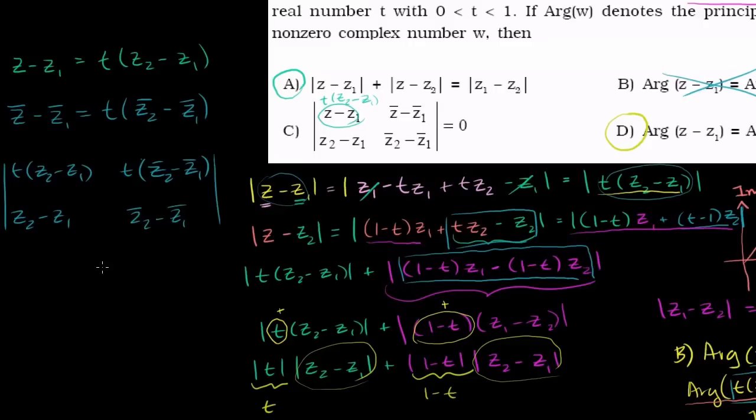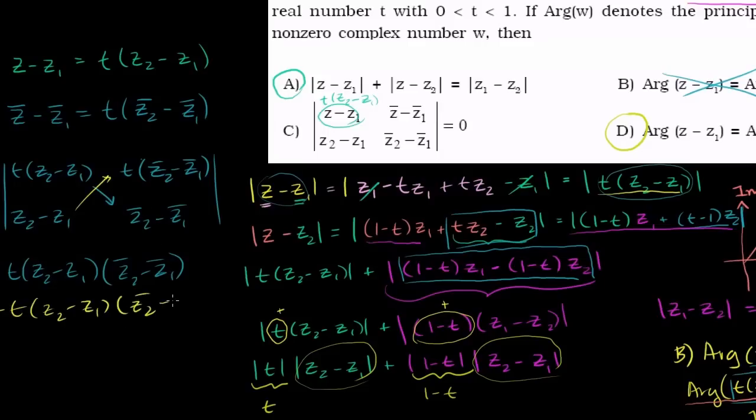And so what is this determinant? It's going to be this times this. So it's t times z2 minus z1 times the conjugate of z2 minus z1, so it's that times that, minus this times this. So minus t times z2 minus z1 times the conjugate of z2 minus the conjugate of z1.